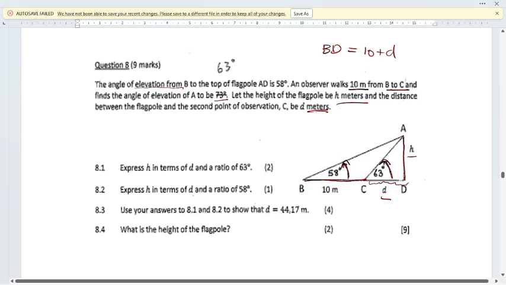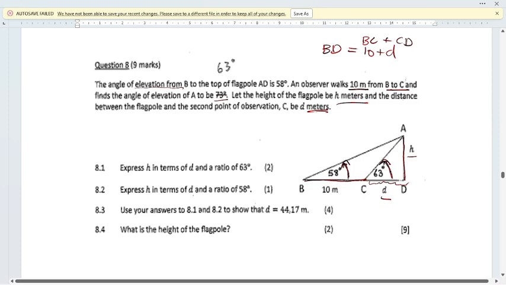BC is 10, plus what is D? Can you see in one line, I can have a whole distance being divided into 2? Now, that is BD. So BD is the whole of this.